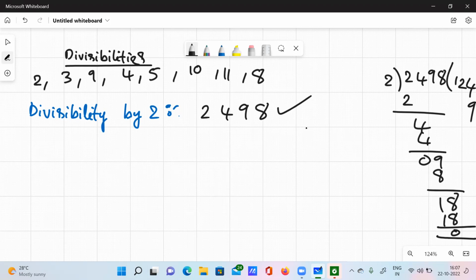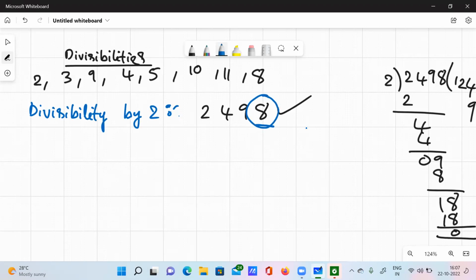Instead of following this process, we have another process, that is the divisibility condition. If you can check the divisibility condition by 2, then you can confidently say that this number is divisible by 2. How to do that? This is known as the units place or the ones place.